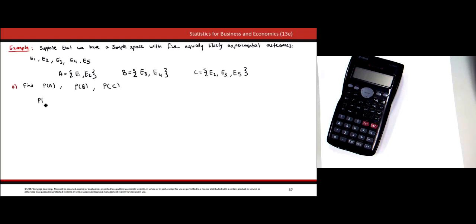Now what's probability of A? Since they are all equally likely outcomes, we have 5 outcomes. Each outcome has probability of 1 over 5.